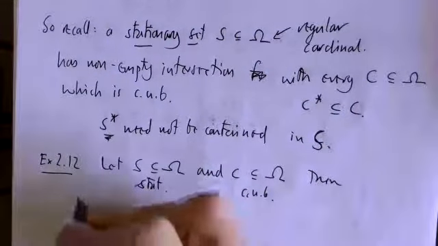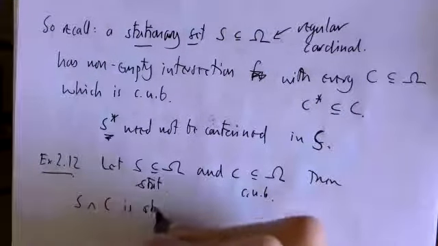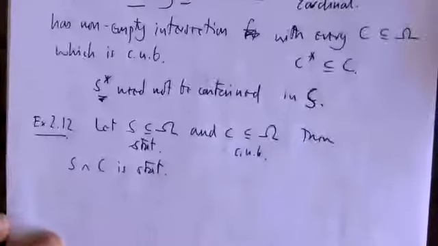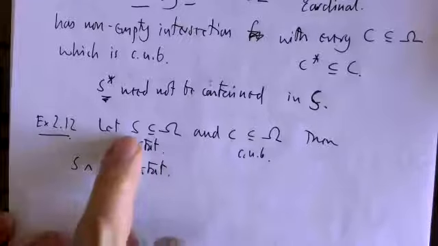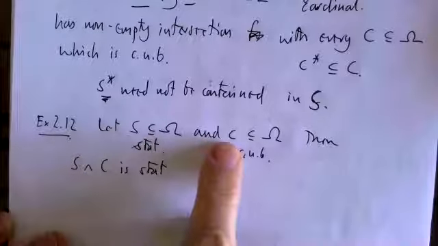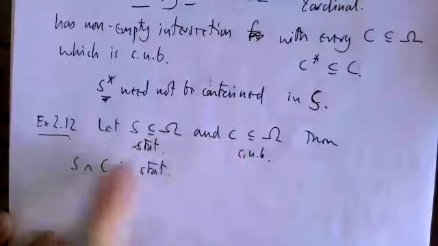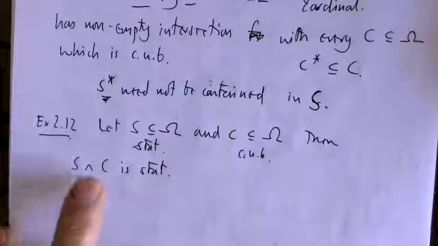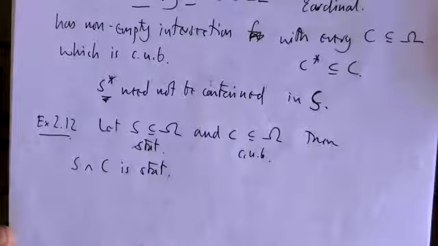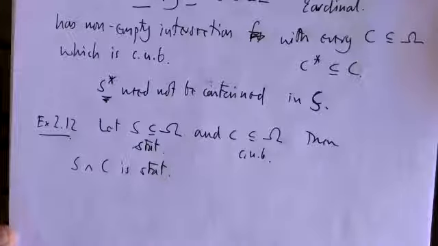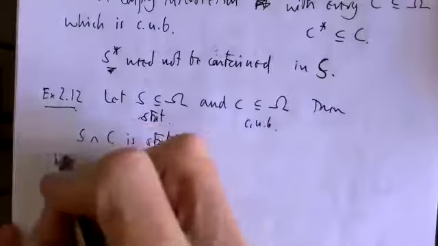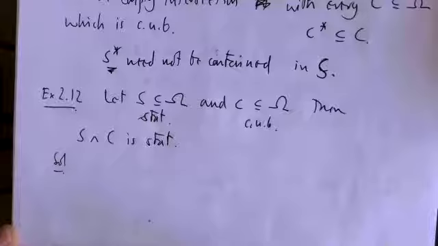Then S intersect C is stationary. So it's not just that a stationary set has non-empty intersection with C. The intersection with C is also semi-thick. So S intersect C hits D in many places. And it's a one-liner, really.